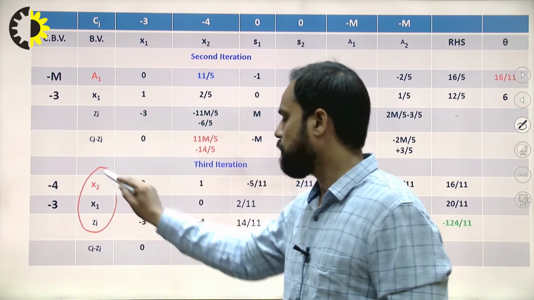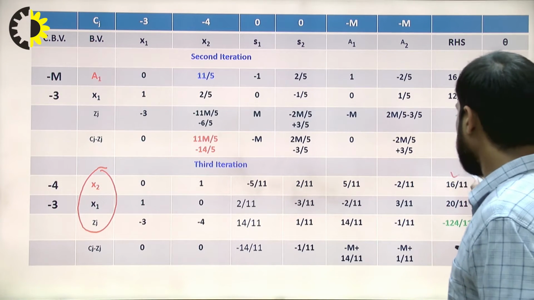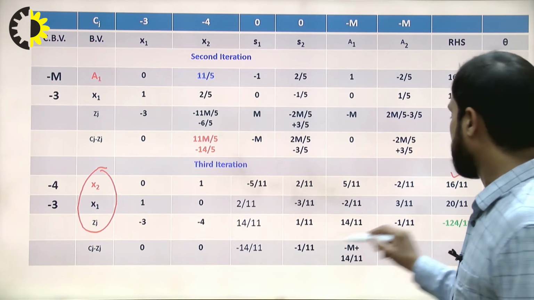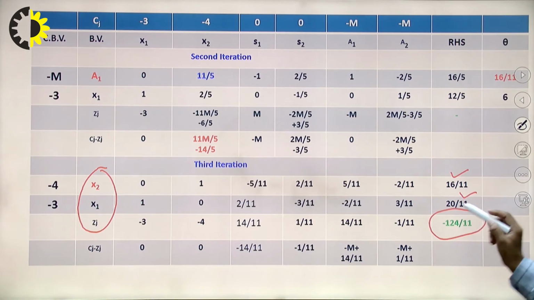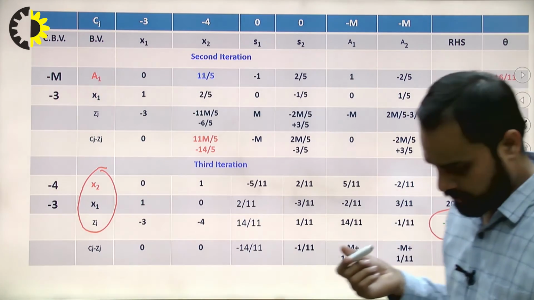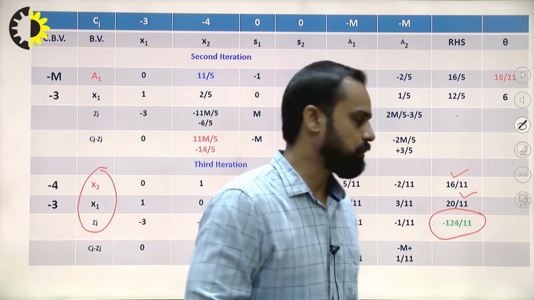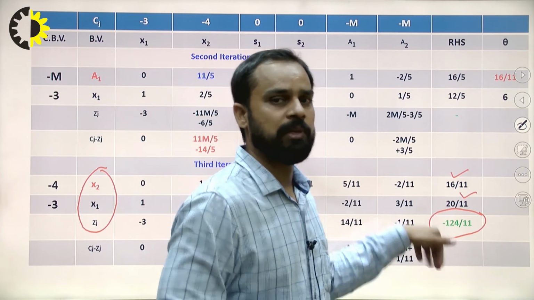Here is the solution. x2 is 16 by 11 and x1 is 20 by 11 and z is minus 124 by 11, because I took this problem as a maximization type. So if I want to convert to minimization, I have to multiply by the negative sign.